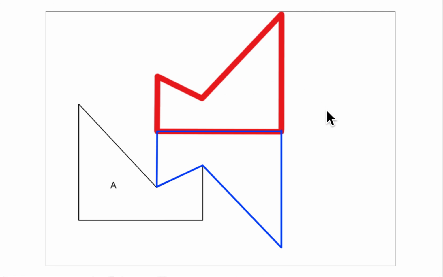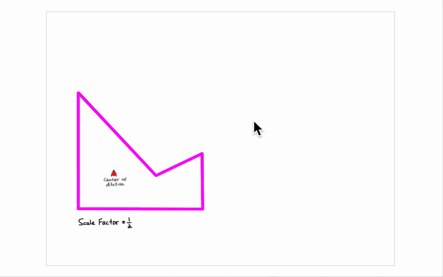Get rid of everything. So this is a 180 degree rotation and then reflection over this line of reflection. So this figure has to be similar to this figure. Actually, it's congruent because we did no dilations. We just did transformations.